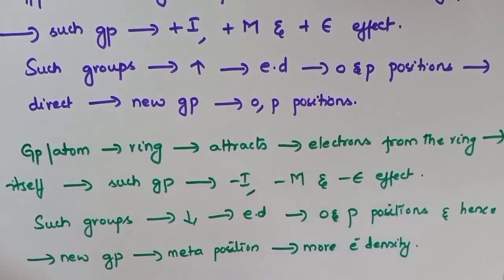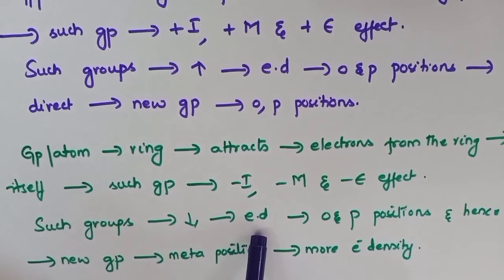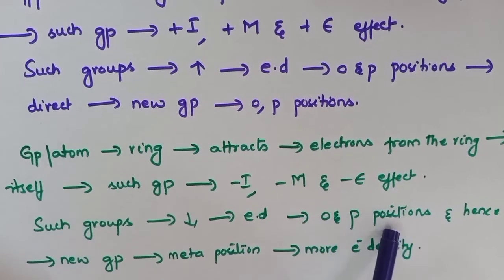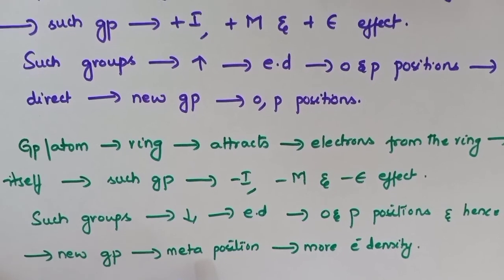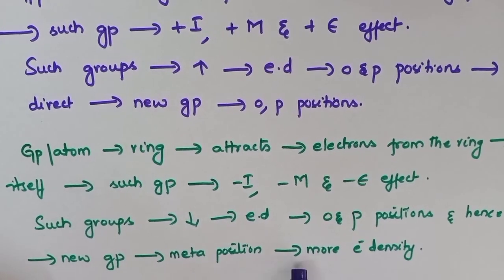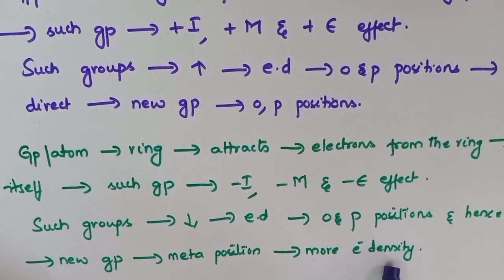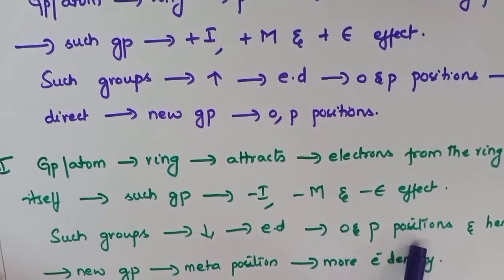Okay. Now, such groups, what do they do, students? They decrease the electron density, especially at ortho-para positions, and comparatively, the new group will be directed to the meta position, which has relatively more electron density when compared to ortho and para positions.